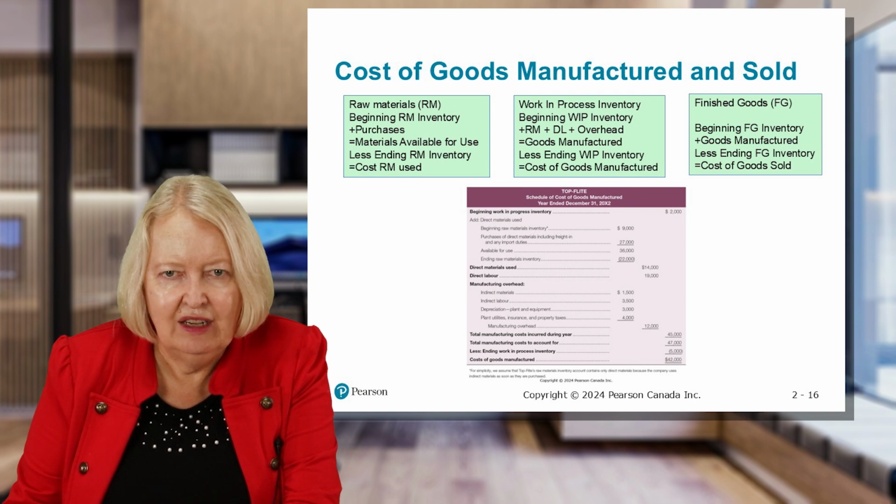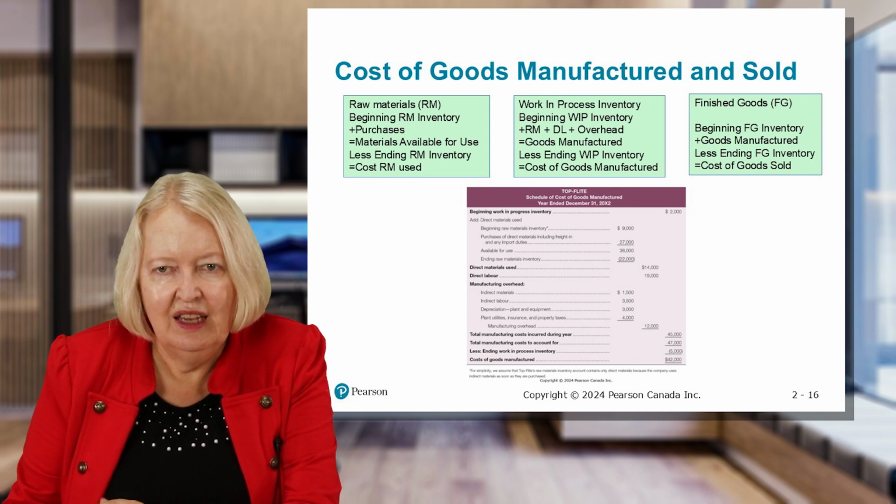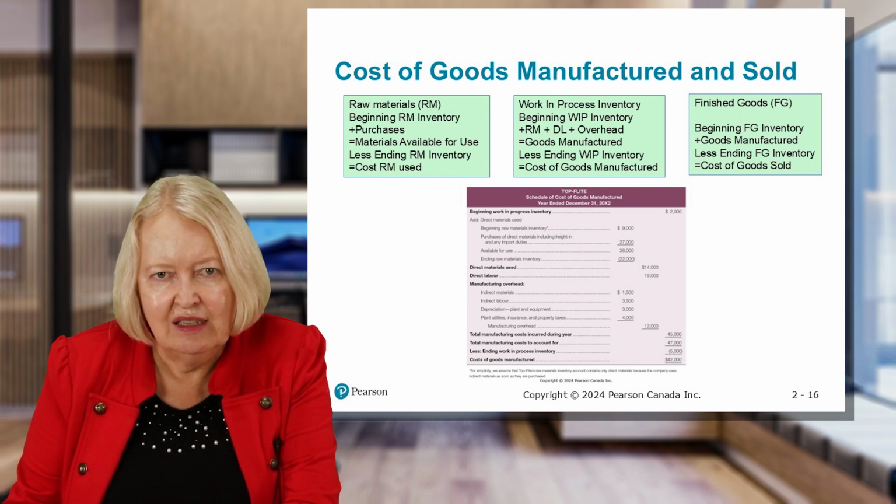Then you add that in over here to your work in process. That will give you the cost of the goods that you manufactured, which you would bring over here to your finished goods. So it's important that you really pay attention to these examples and make practice problems for the cost of goods manufactured and cost of goods sold, and also make sure you look at my demonstration video that I have in the file folder for this module.